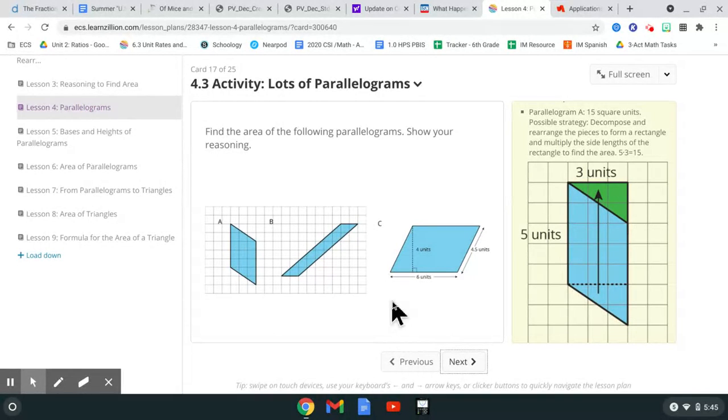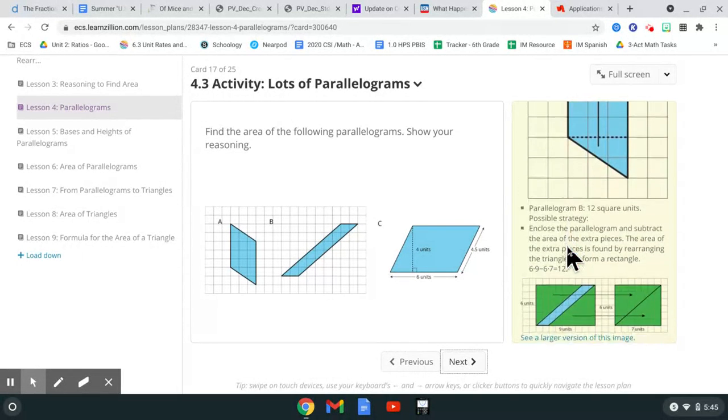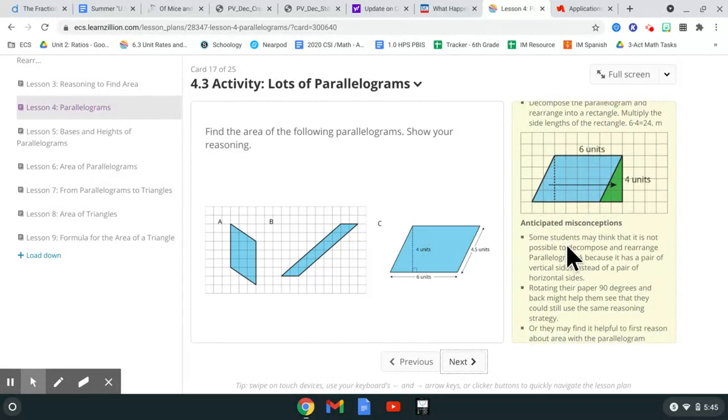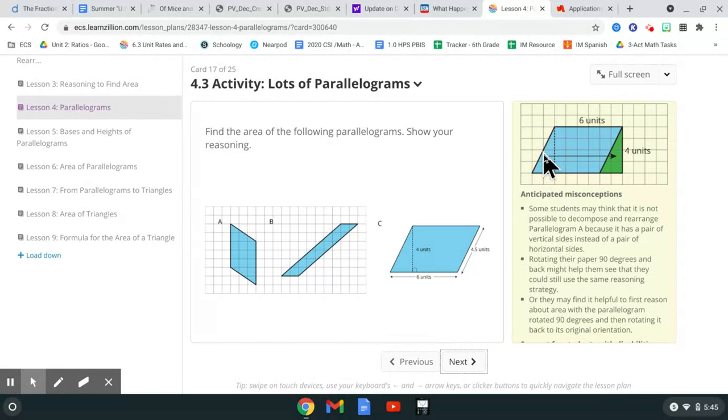Second, we're skipping B, so we're going to go over here and look at C. So we can do the same thing. They have shown you with this little dotted line that you can chop it off right there, decompose it, and move it to the other side. So I'm going to show you with this one. You can take that piece, move it over to the other side, and then you'll see that the height is 4.